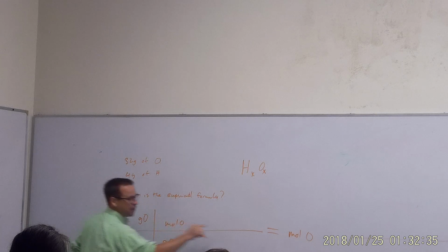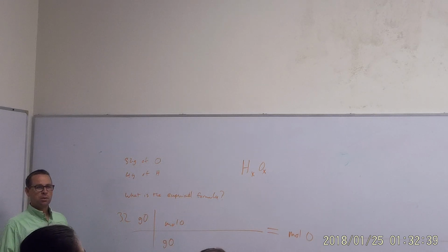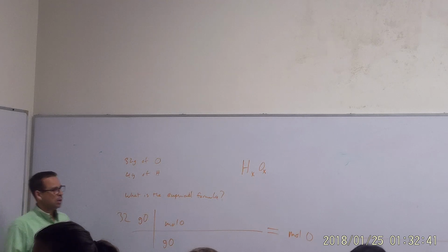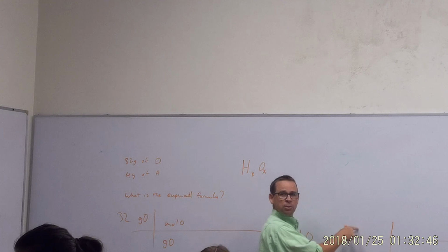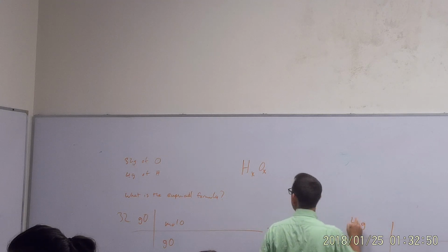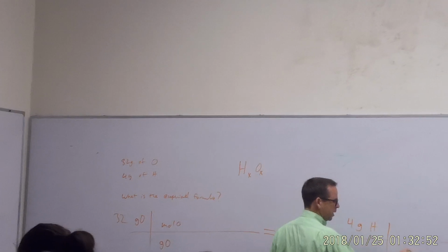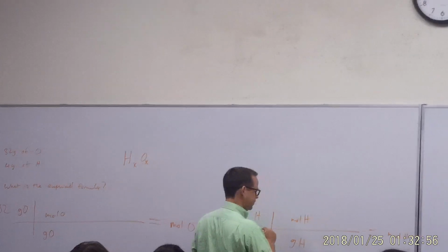Moles of oxygen. And that's where I'm ending up, so that's good. Okay. And then over here, what would I start with over here? 4 grams of hydrogen. And then I would go from grams of hydrogen to moles of hydrogen, just like over there. Right?